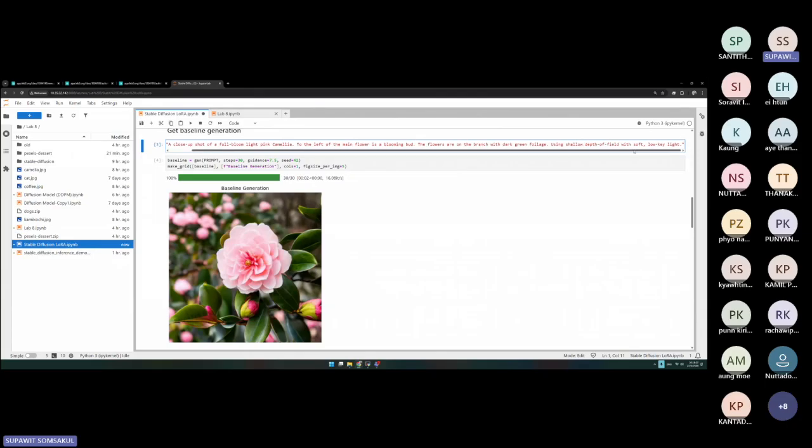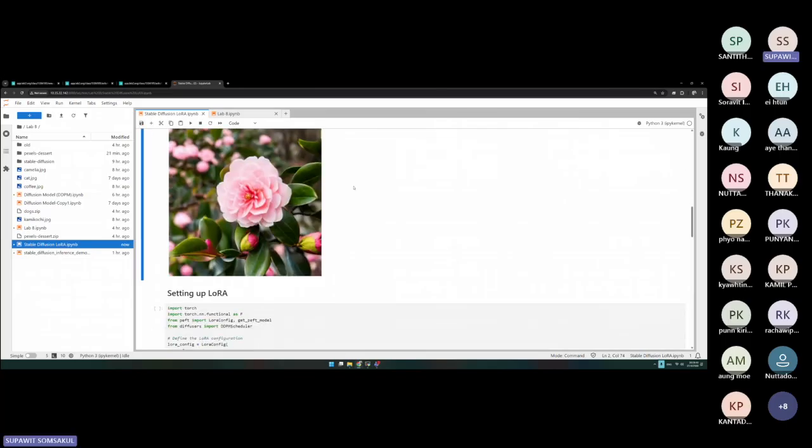Using shallow depth of field is okay, but I wanted it to use the soft low key light, which it missed in this case, but that's okay. And from now we can fine tune this model using the LoRA technique that we learned in the previous lecture.